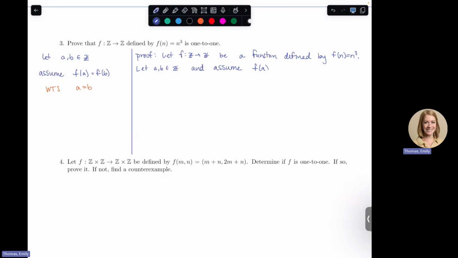Assume f of A equals f of B. Then A cubed equals B cubed. So A equals B. I'm not going to do that there, I'm going to do that in a line.